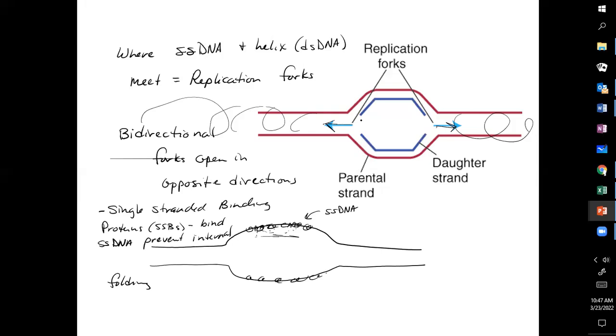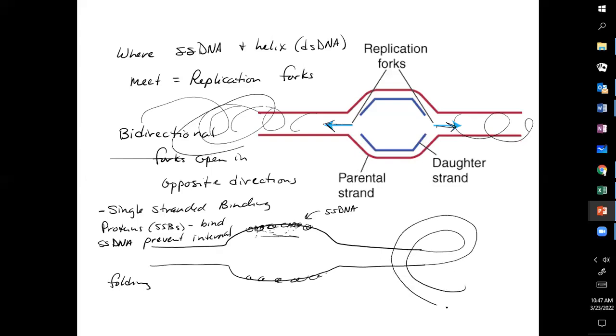If you can imagine this continuing to open and open, it can cause a process called supercoiling. I'm sorry, that's a horrible looking picture. It can cause the helix to coil up on itself as this opens. So there's got to be a way to alleviate that.